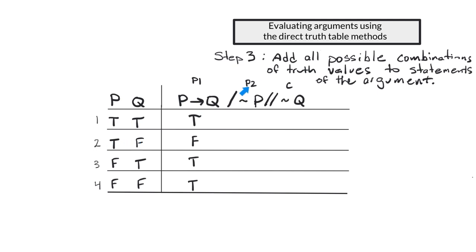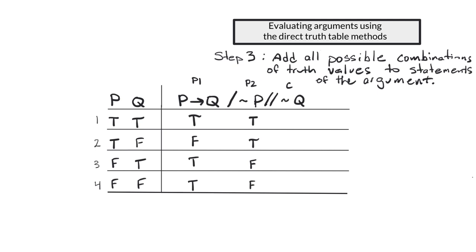So let's go to premise 2 here. So here we have a negated P. So we look at the truth value of P, and just to keep things very clear and very simple, I'm going to just add the truth value of P right underneath P, row 1, 2, 3, 4. So row 1 it's true, row 2 it's true, row 3 it's false, and row 4 it's false.